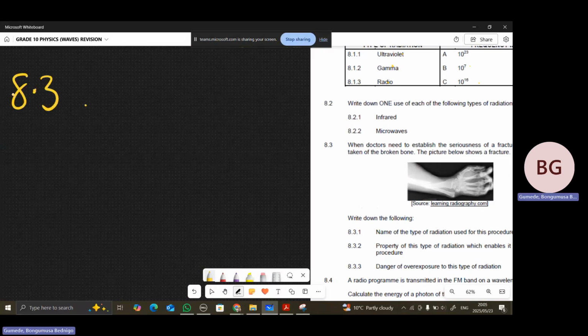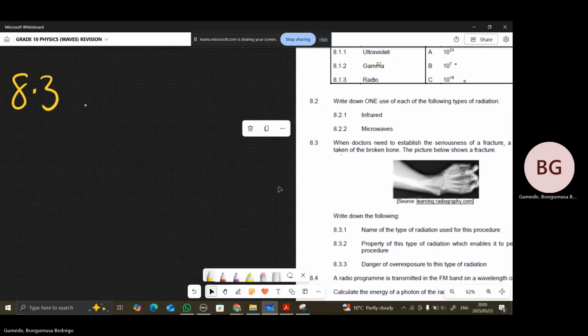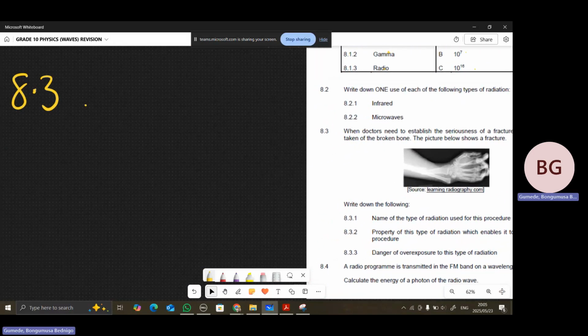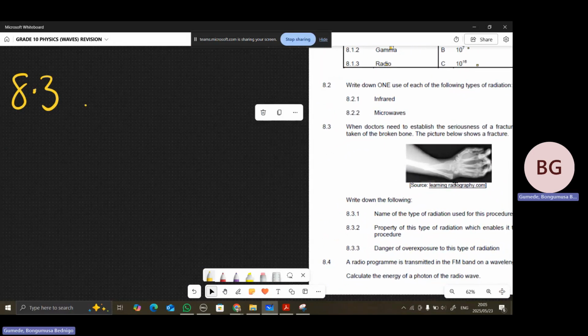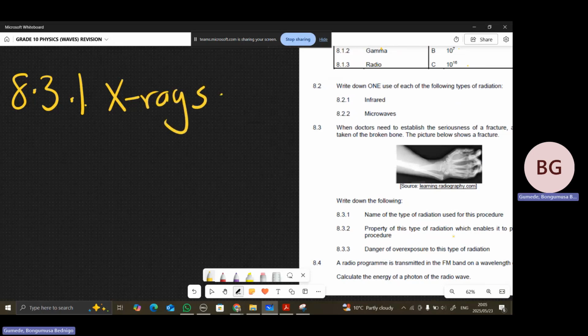8.3. So when doctors need to establish the seriousness of a fracture, a picture of a broken bone is taken. So this picture takes a fracture, name the type. This is straightforward, it's relevant even in our life. We call these X-rays.